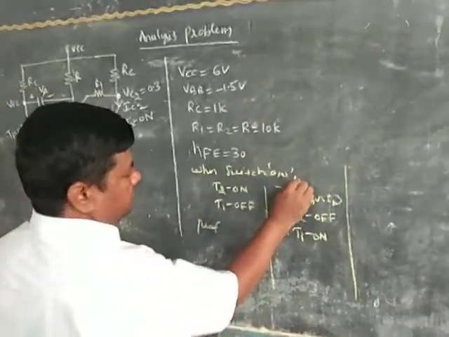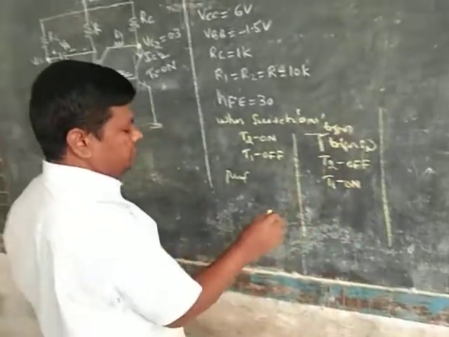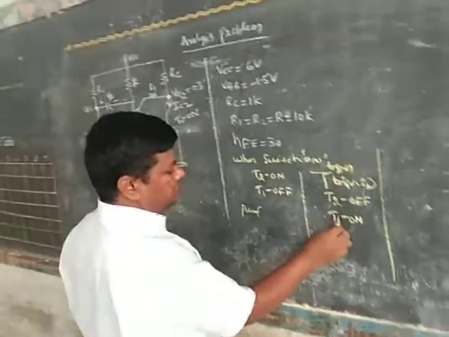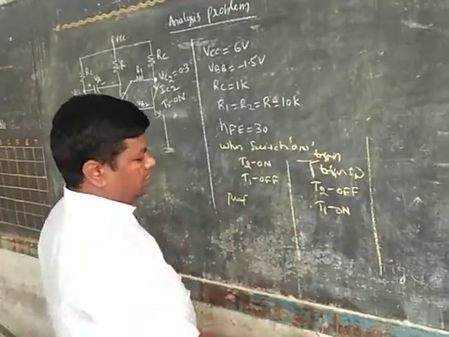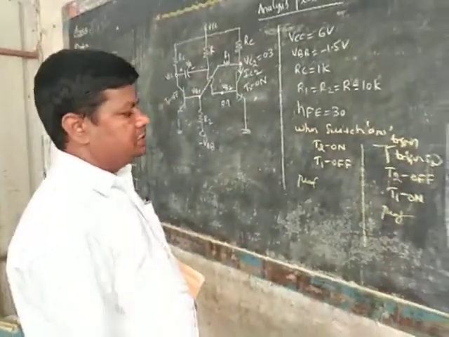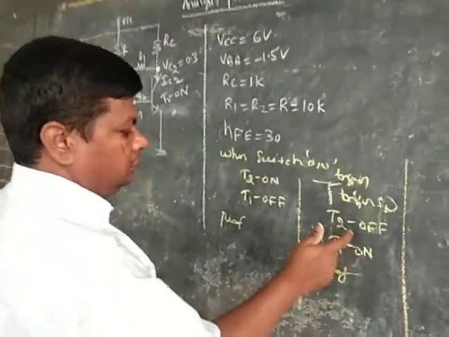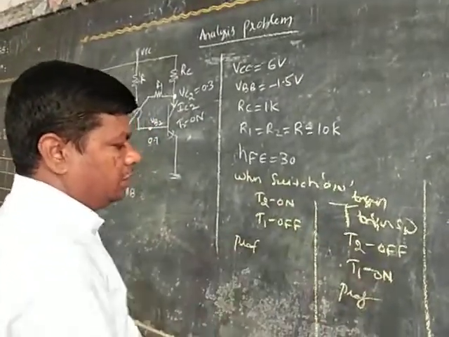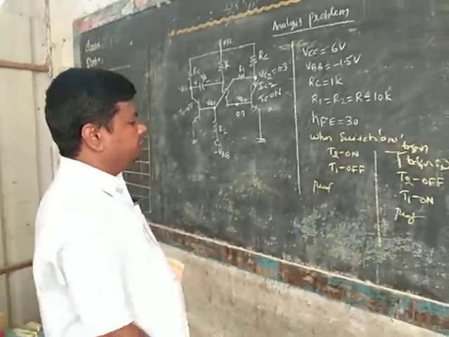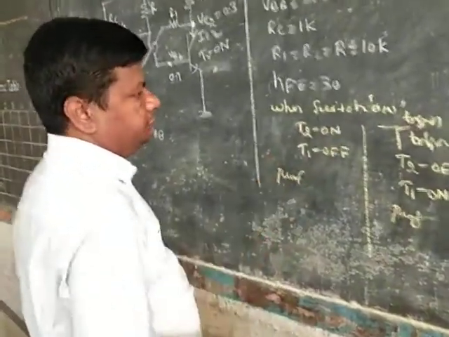Similarly, after applying a trigger signal, immediately T2 changes from on to off, then T1 changes from off to on. Again after circuit analysis we have to prove that T2 is off and T1 is on. Then how to find? First, we have to prove that T2 is on and T1 is off.